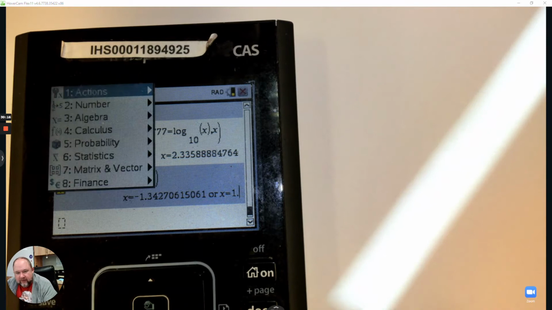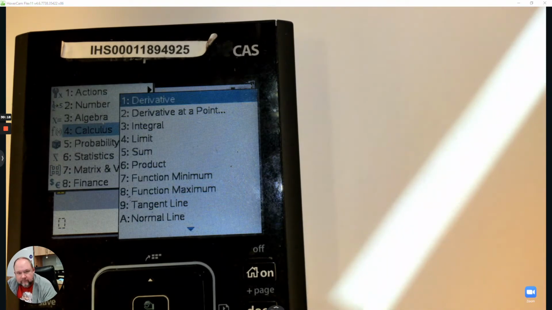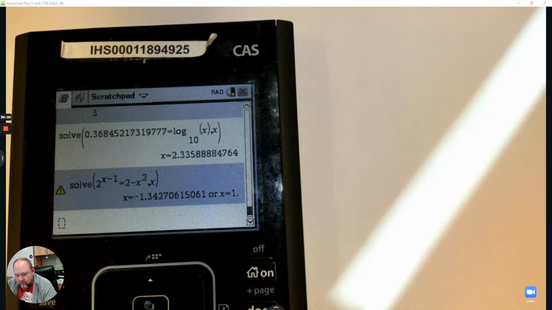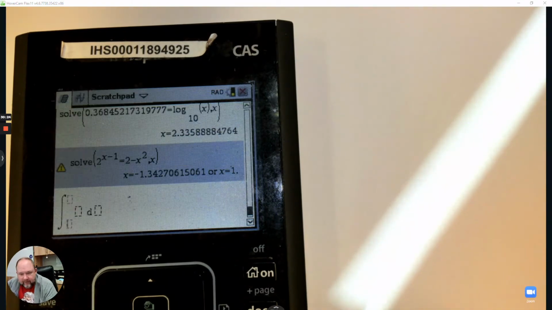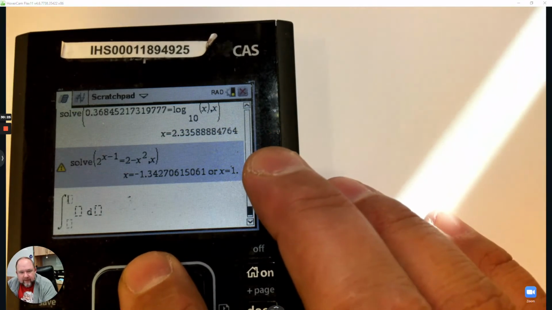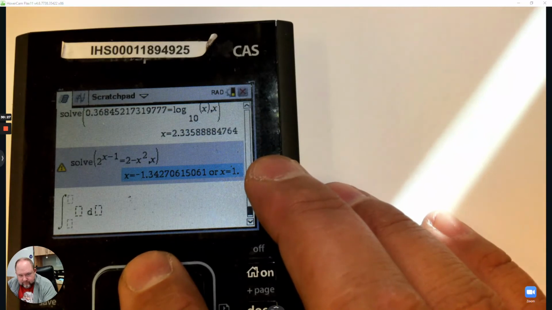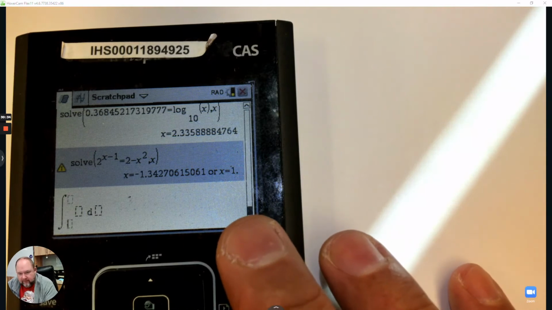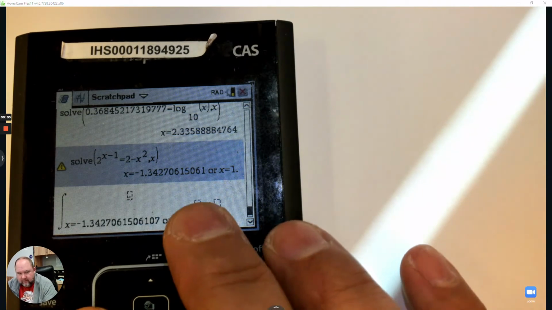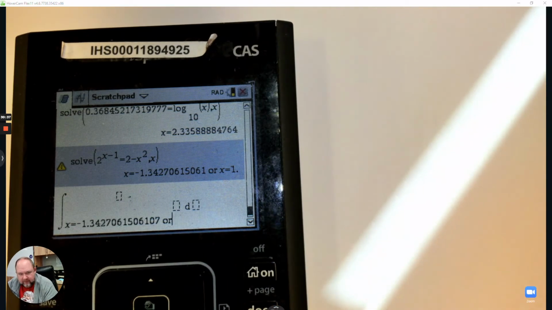So I'm going to integrate. I'm going to copy this, and then paste it down here, and then just delete what I want to delete to make it easier.